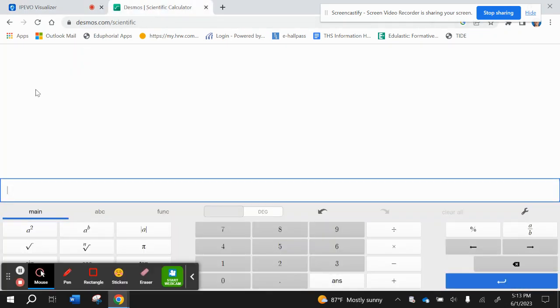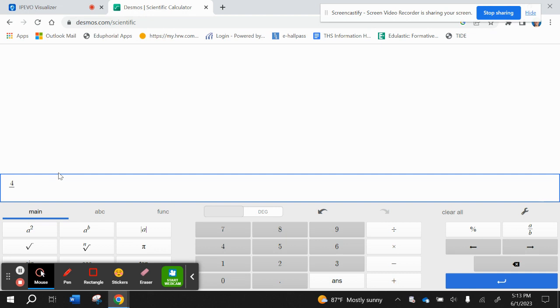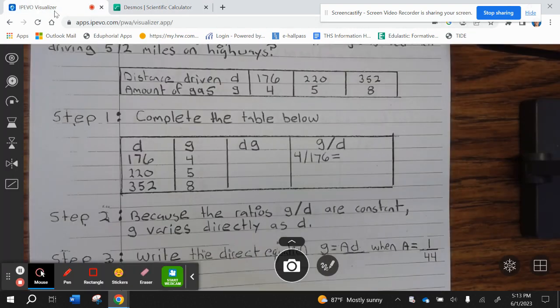Wait, let's use our calculator. 4 divided by 176, which is 0.02. Let's just round that to 0.02.